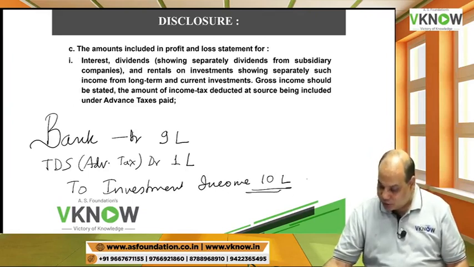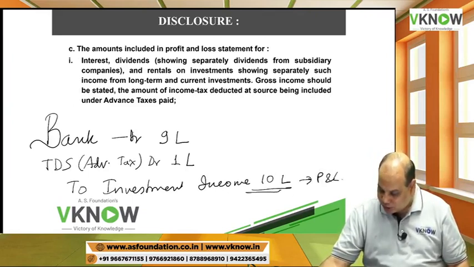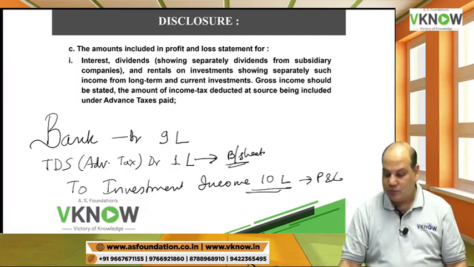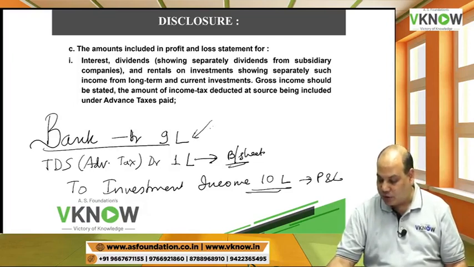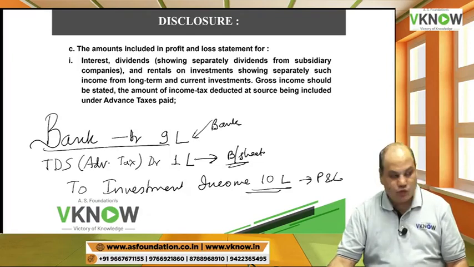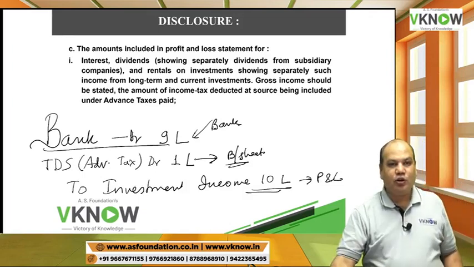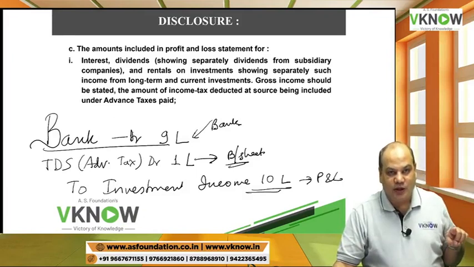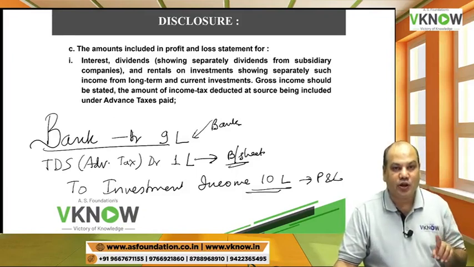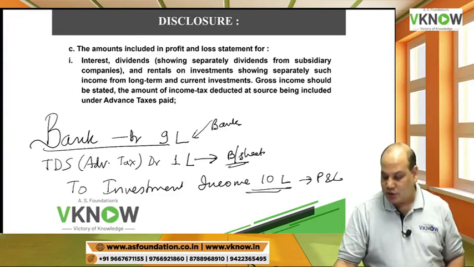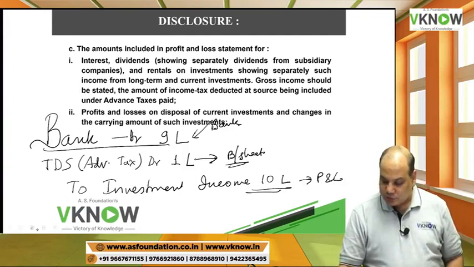This 10 lakh will go to P&L account. This advance tax will go to balance sheet. And this 9 lakh goes to your bank account. So this will be the presentation. Nowadays government has asked all companies who are paying interest that you must deduct TDS, tax deducted at source.